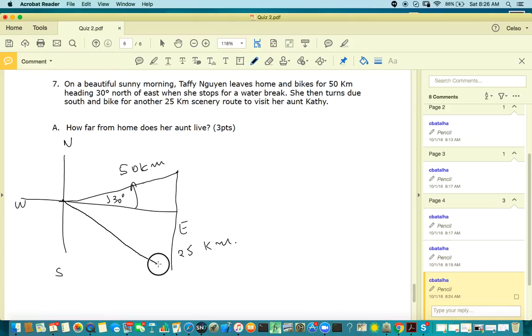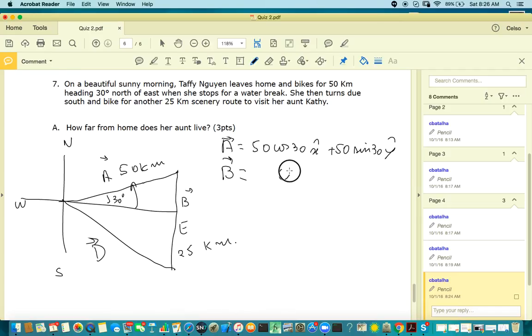So you want to find this displacement here, right? You have a vector A and a vector B. The best way to deal with this is to write vector A as 50 kilometers cosine of 30 in x plus 50 kilometers sine of 30 in the y direction. So you write any vectors based on their projections. Vector B in x has nothing, but in y it is negative 25.